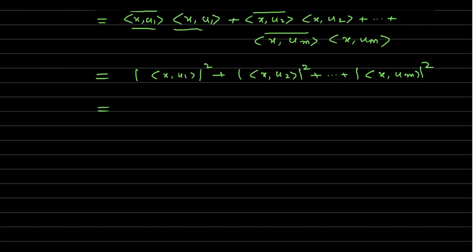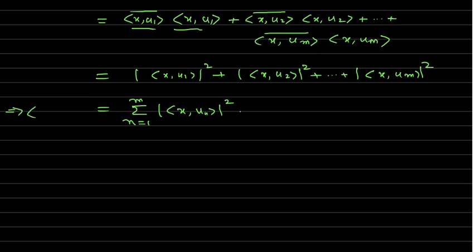So that's equal to the summation. You can write it as the sum where n runs from 1 to m of mod x un, whole square. So what's this?